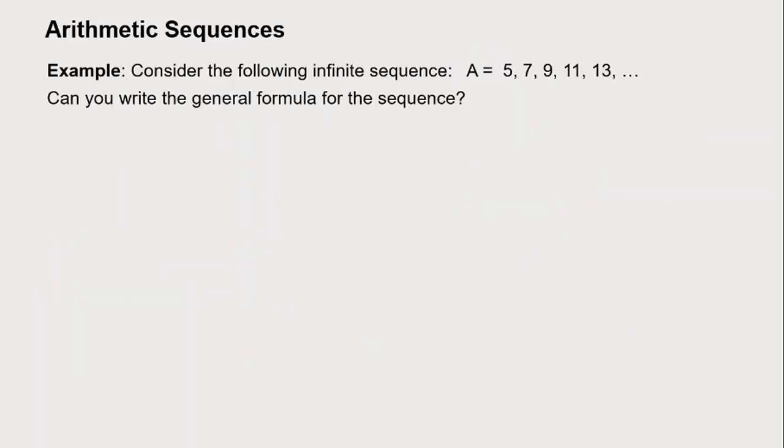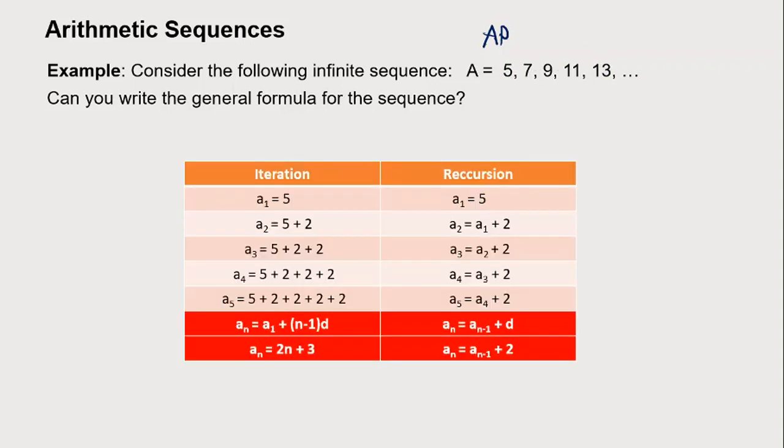Now let's have an example of comparing iteration to recursion. So we take a simple arithmetic progression which is 5, 7, 9, 11, 13. So they are odd numbers starting at 5. If we wanted to write the formula for the sequence, we could do that using both iteration and recursion.